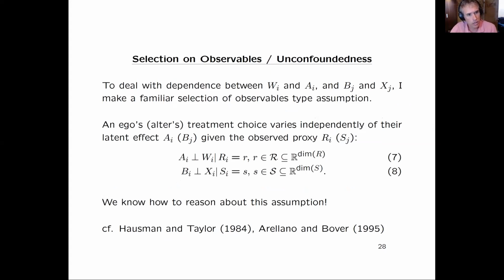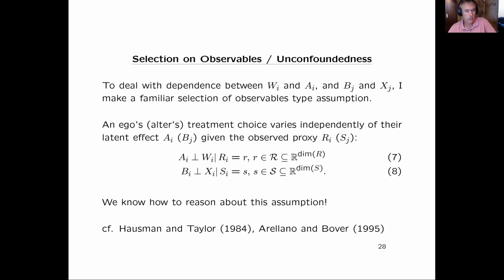Okay, so I'll go 2 more minutes. To really nail the average structural function, we need to make one more assumption, well, really 2 more. One is an unconfoundedness type assumption. And this is entirely familiar and completely analogous to the type of assumptions we make in the program evaluation literature, which is just saying that treatment choice is independent of the unobserved unit-specific drivers of the outcome conditional on the proxy variables, and we know how to reason about this assumption.